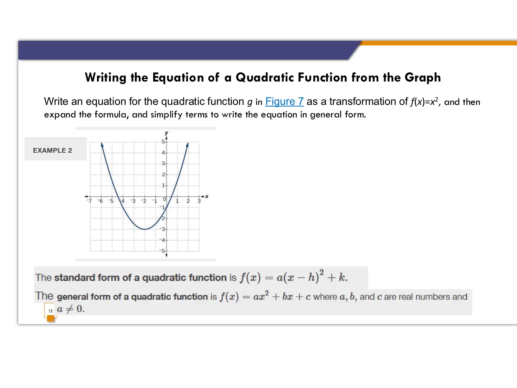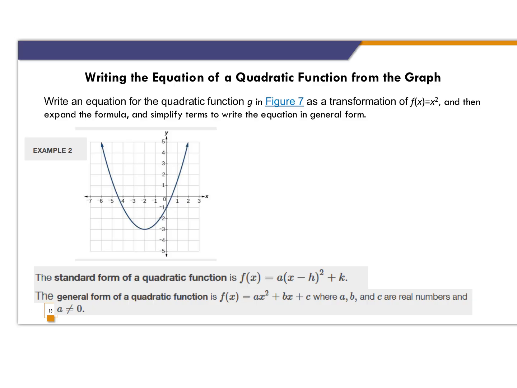Okay, let's work on example 2. Write the equation of a quadratic function from a graph. Let's see if there's anything else. Write the equation for the quadratic function in figure 7 as a transformation of f of x equals x squared.